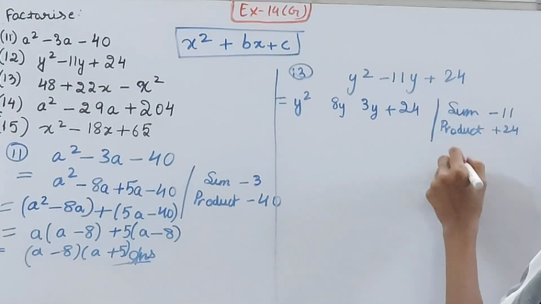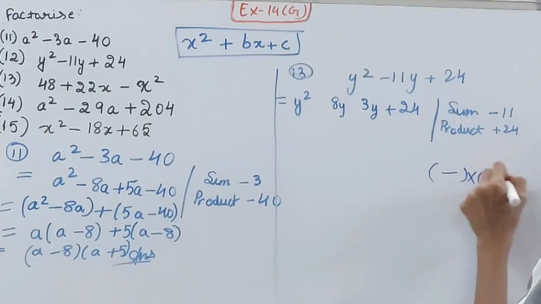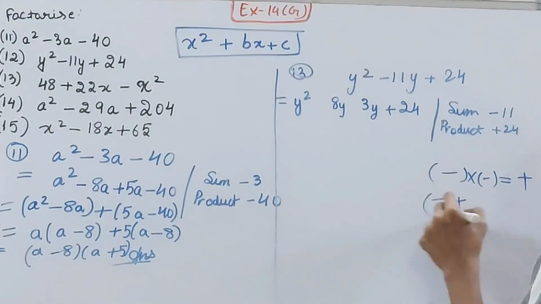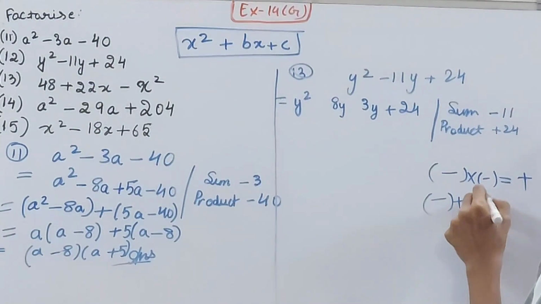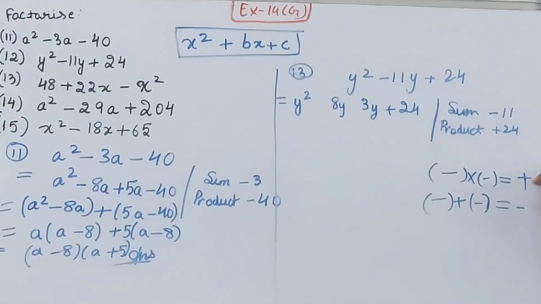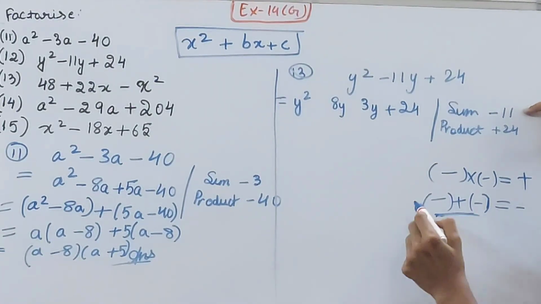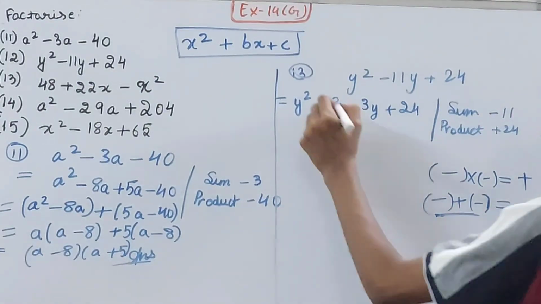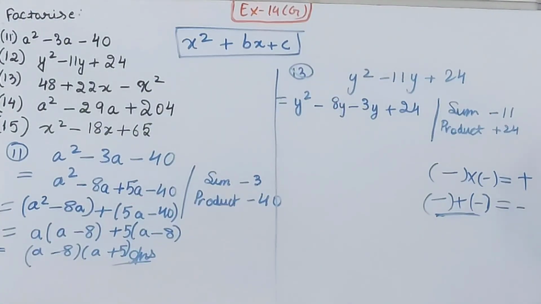Minus into minus is plus. Minus plus minus is minus. It is fulfilled now. Our product is positive and our sum is negative, that means both the terms have a negative sign. So minus 8y minus 3y.